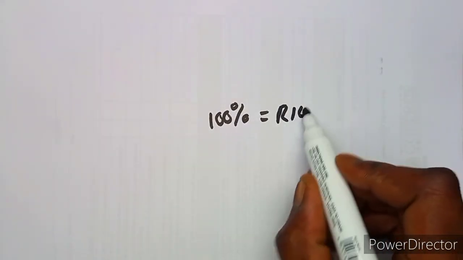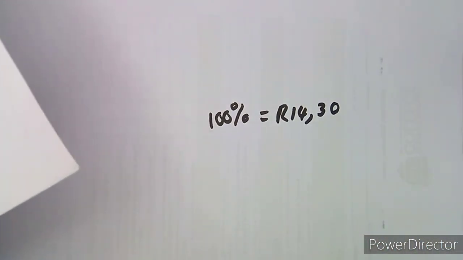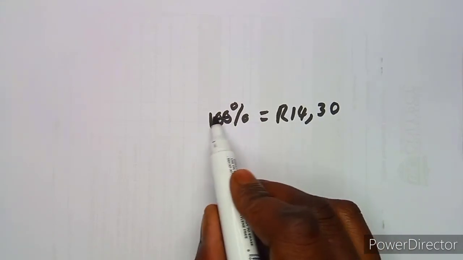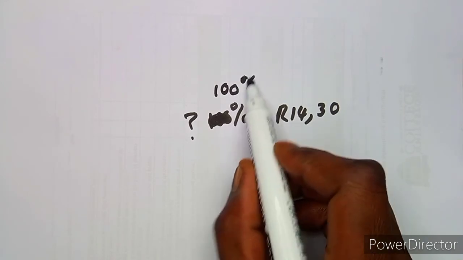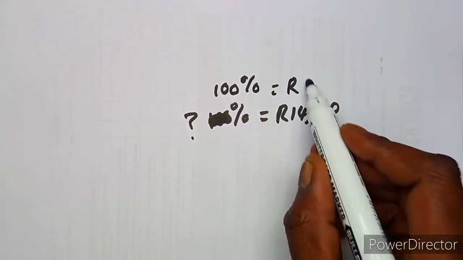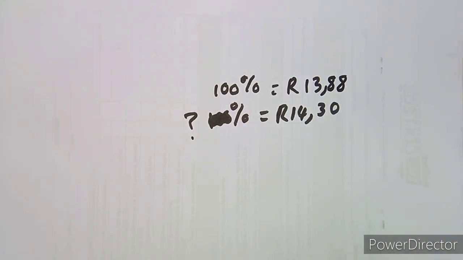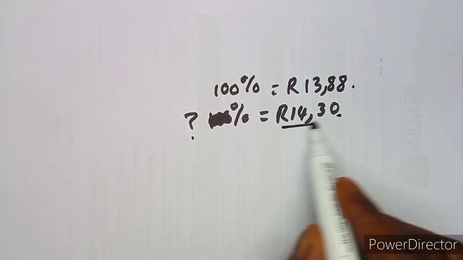All right, let's just prove this, using another method. Let's say 100%, the original price was 13.88. We do not know the percentage of the new price, but 100% was at 13.88, the original price. So when it is at 100%, that is the original amount, then it increased to this amount.